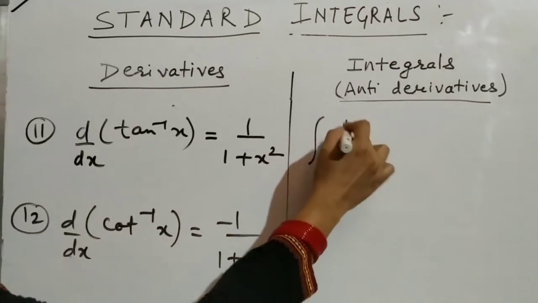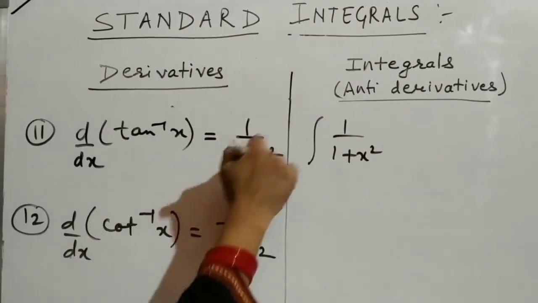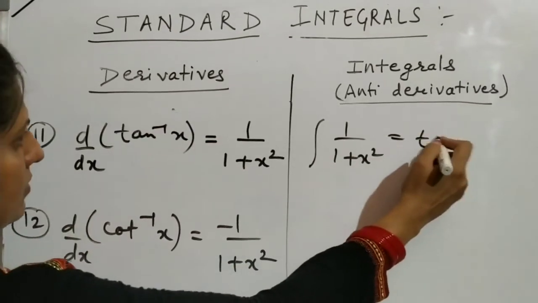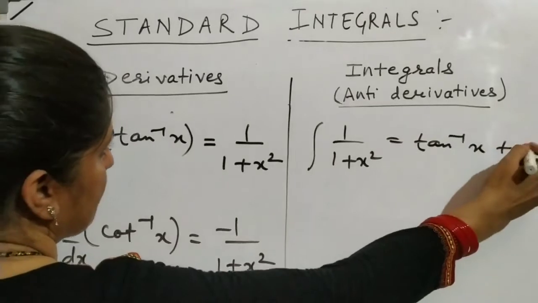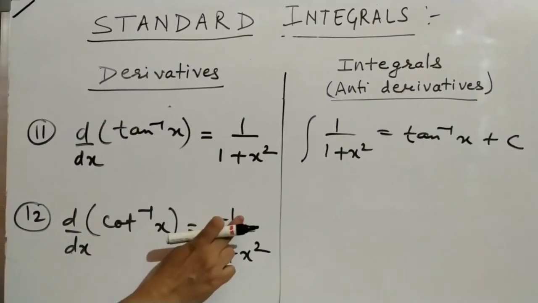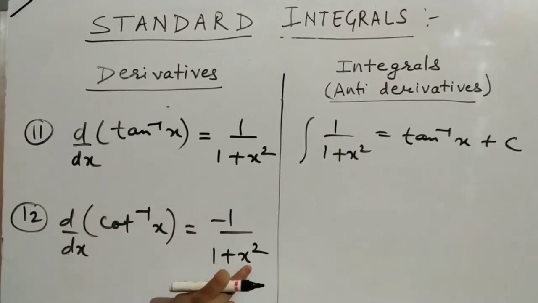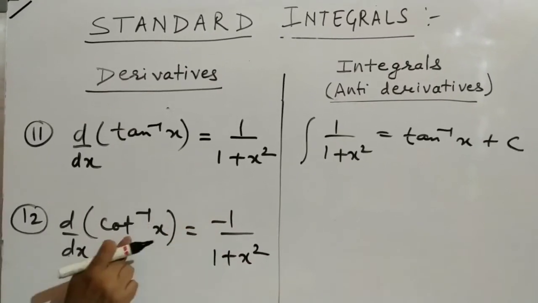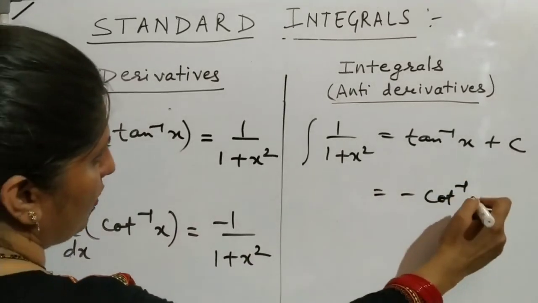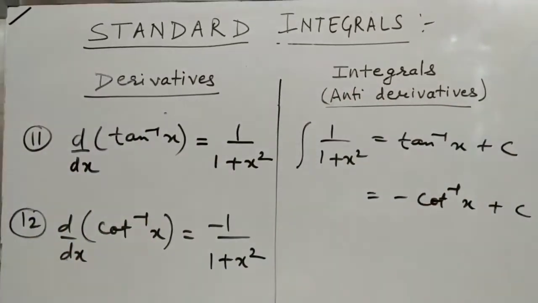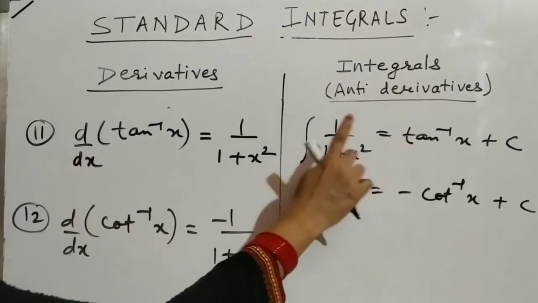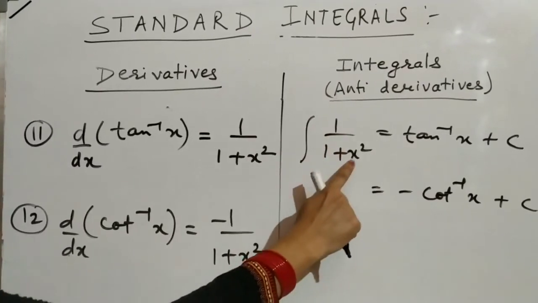Then integral of 1 upon 1 plus x square is equal to tan inverse x plus c. Or you can say integral of 1 upon 1 plus x square is equal to minus cot inverse x plus c.